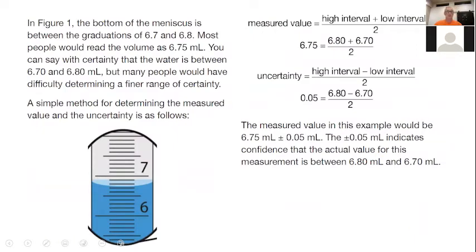So one of the things we're going to learn about is figuring out what intervals are. Intervals are basically what you have the greatest confidence in measuring this volume. This is just blowing up the meniscus from the previous example. You can see again that it's somewhere between 6.7 and 6.8 mils.